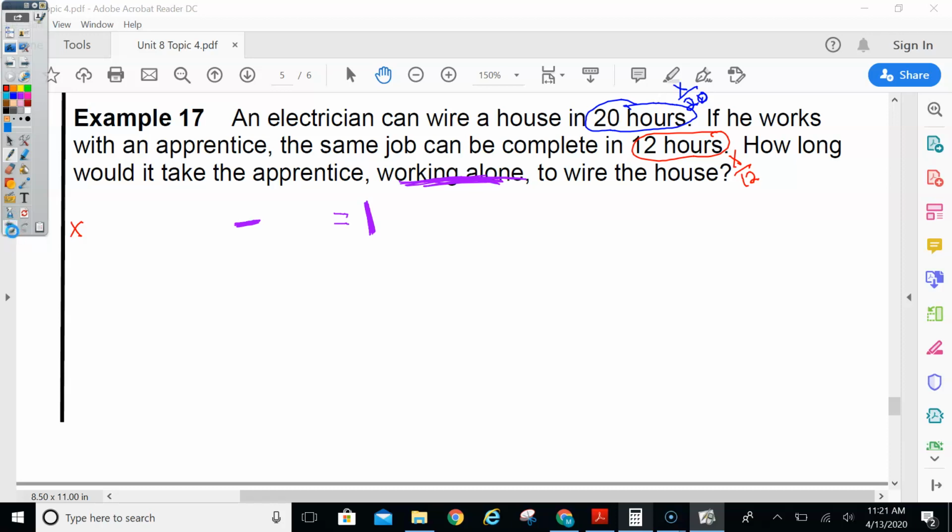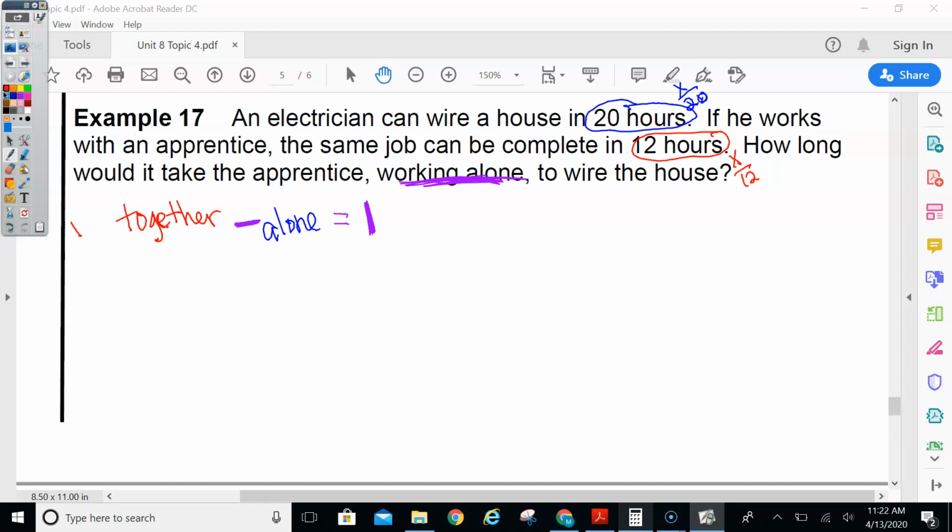Before I do the x over 20 part, I'm just going to set it up. So this one's the together fraction. And then this one is the individual time. So the alone fraction I'm going to put here. So how long does it take the electrician alone to do it?